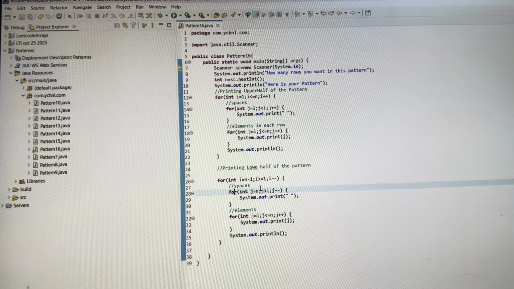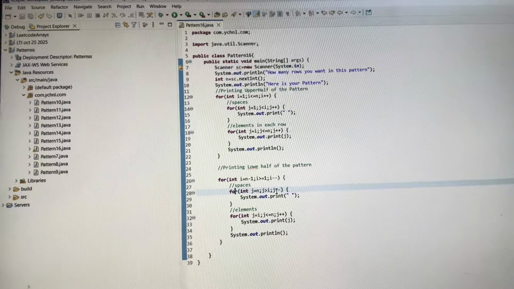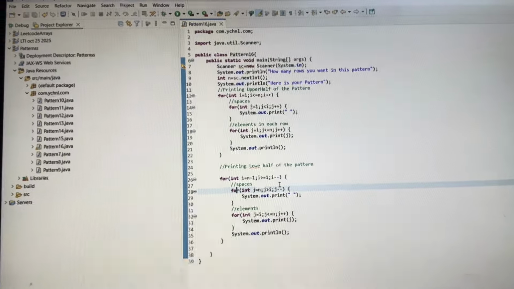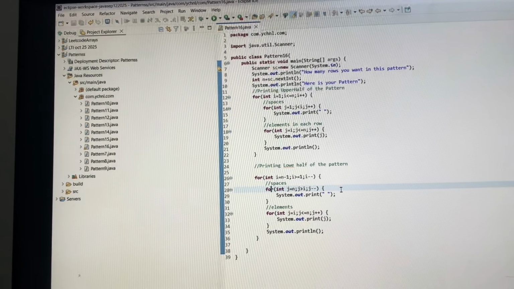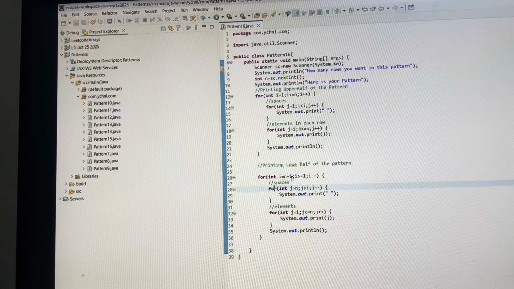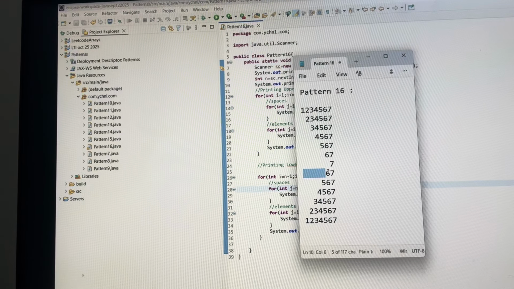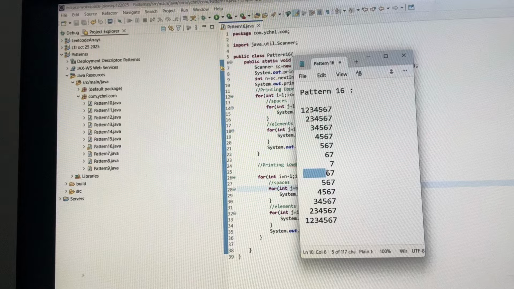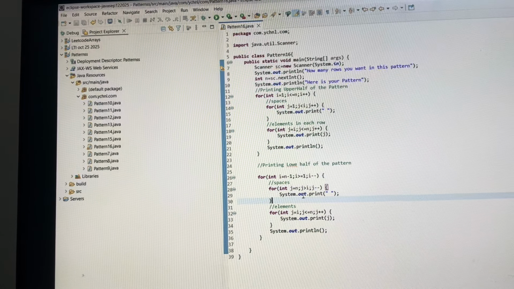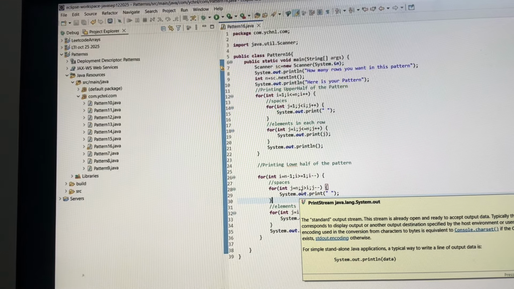It should print 5 spaces, right? So for i equal to 6 here, how many spaces are there? 5 spaces.